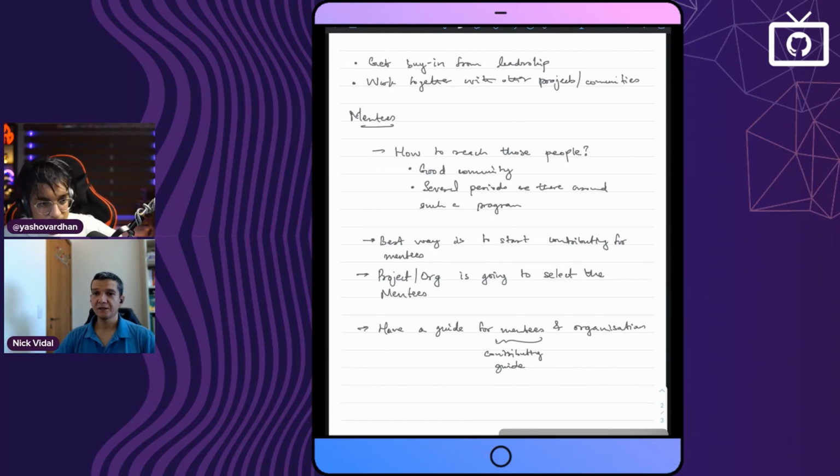And also have a safe space for them. It can either be chats or you can even organize events so people can ask questions, they can share their experience. If you could actually have a space for them to publish blogs, that would be really fantastic as well.